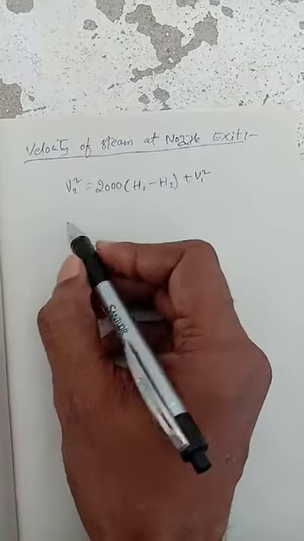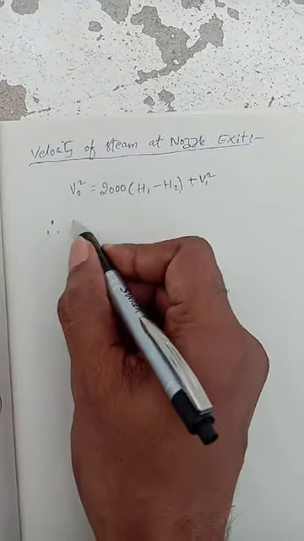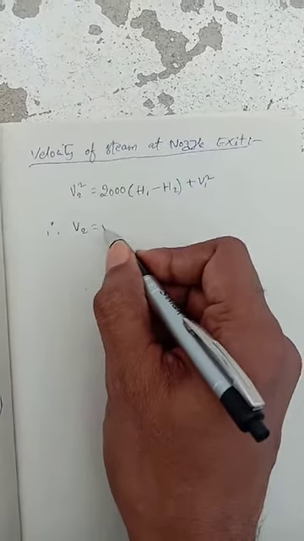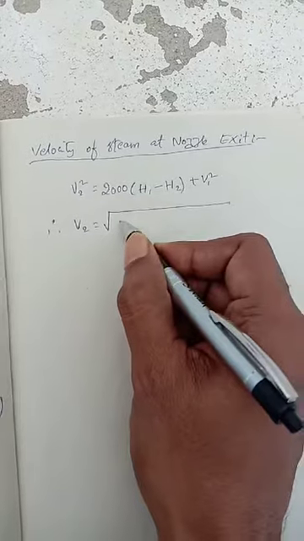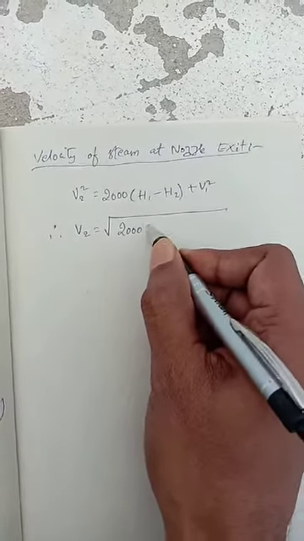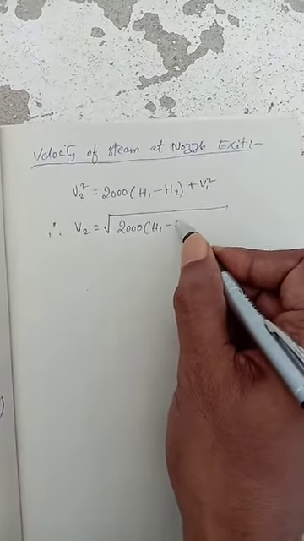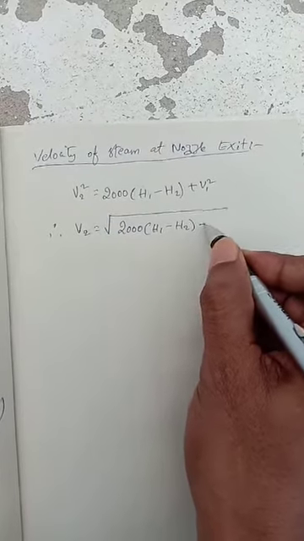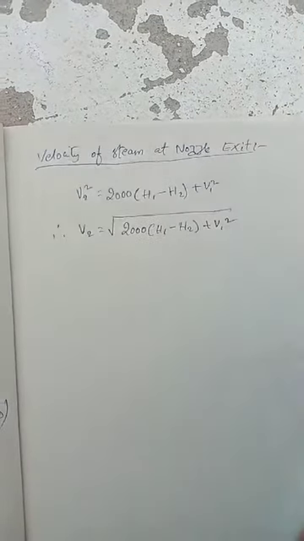Okay, therefore we can write V2 is equal to whole root of h1 minus h2 plus v1 square.